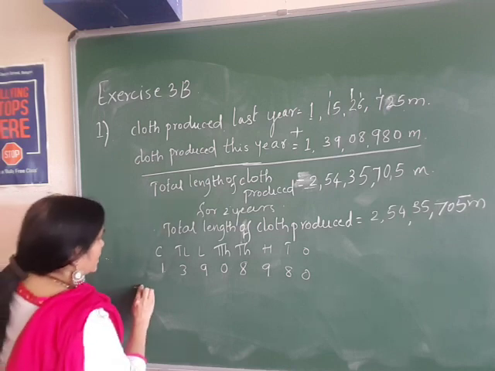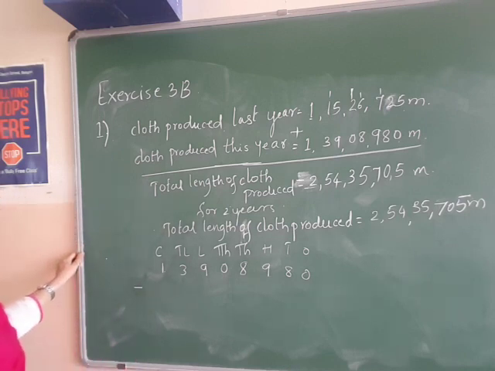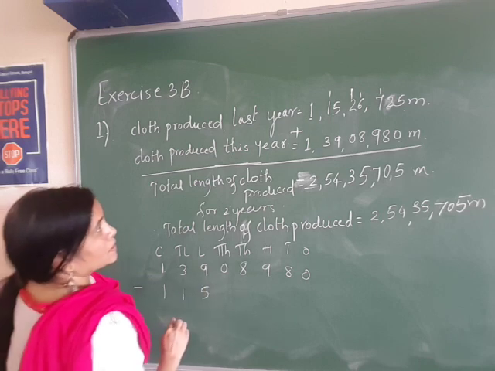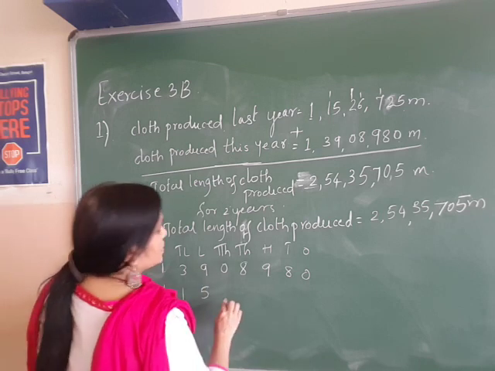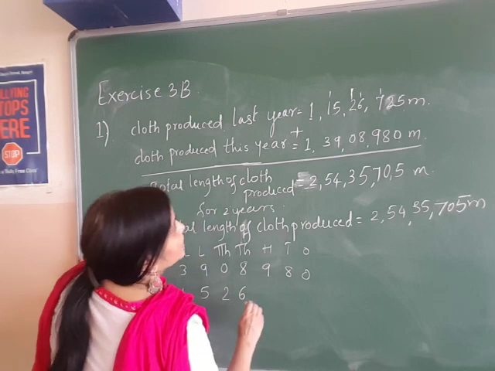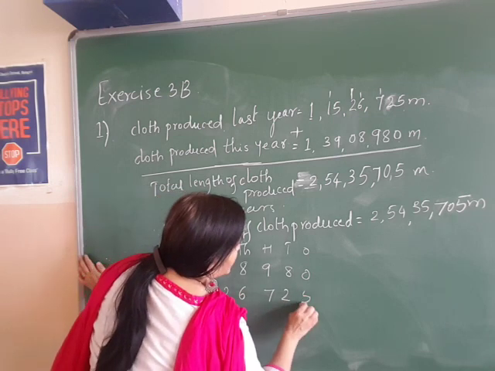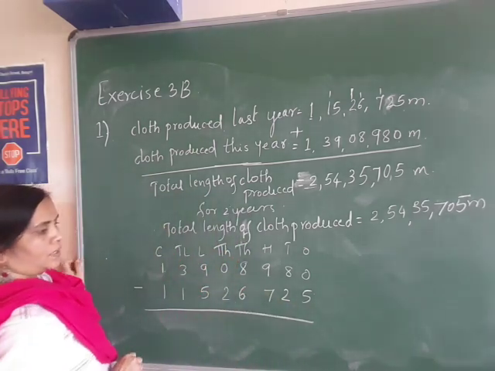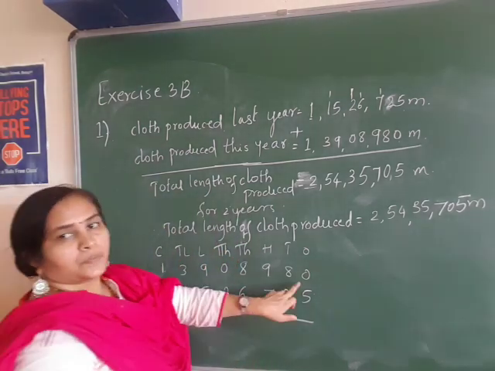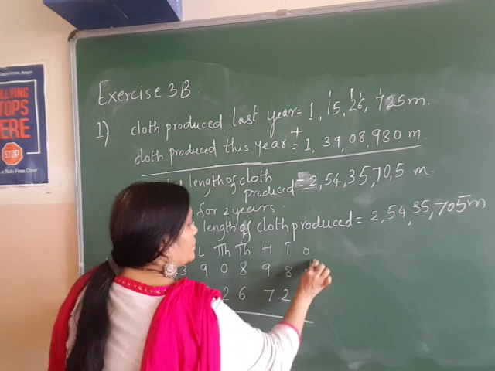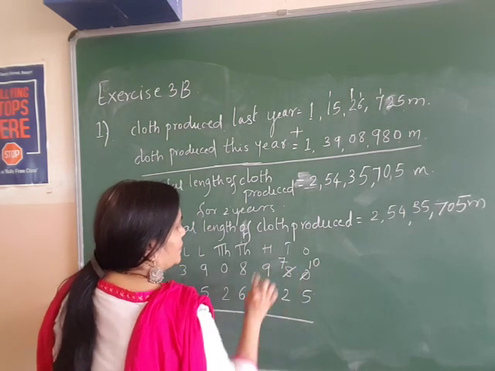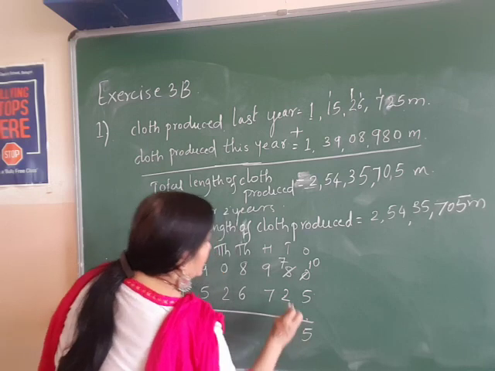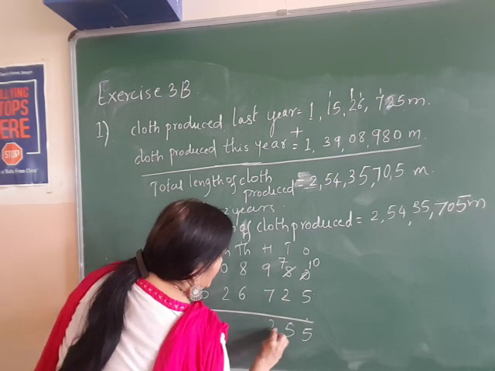We have to subtract 1 crore 15 lakhs 26,725 produced last year. Here we cannot subtract, so this will become 10, this will become 7. 10 minus 5, 5. 7 minus 2, 5. 9 minus 7, 2.